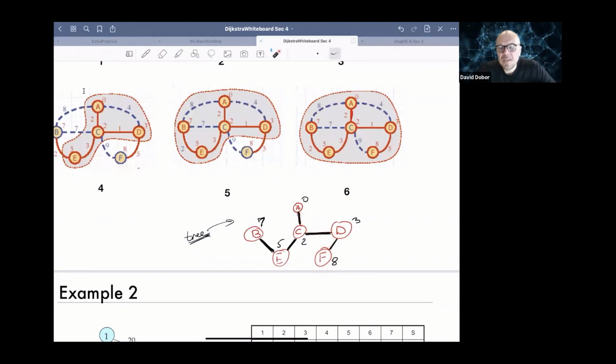Or if you designate one vertex as special and call it a root, there's a unique path from that root to any other node in the graph. So between any 2 nodes, you have a unique path. That's what makes a tree special.